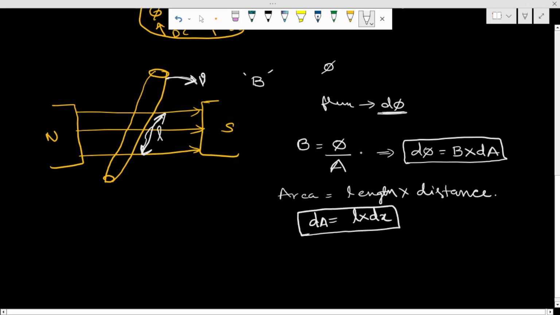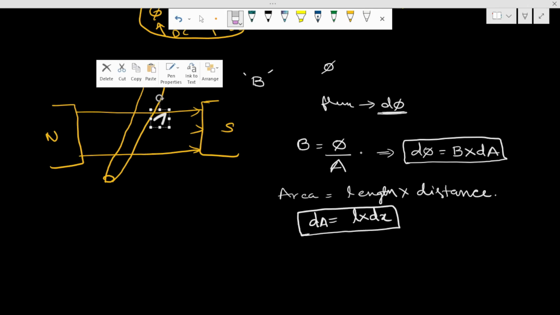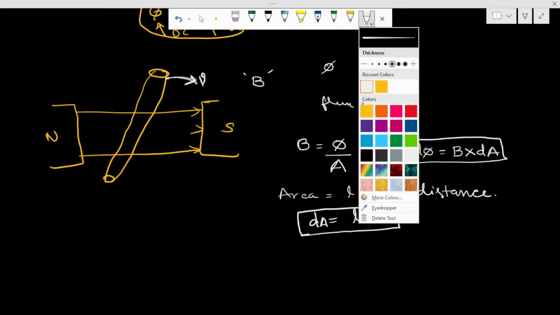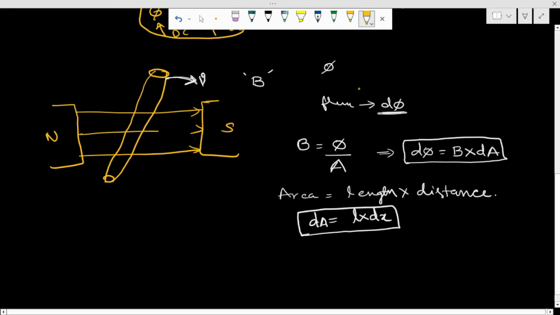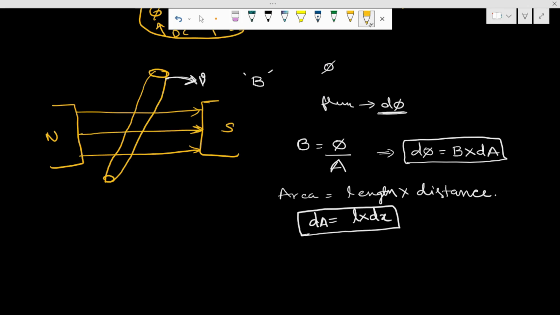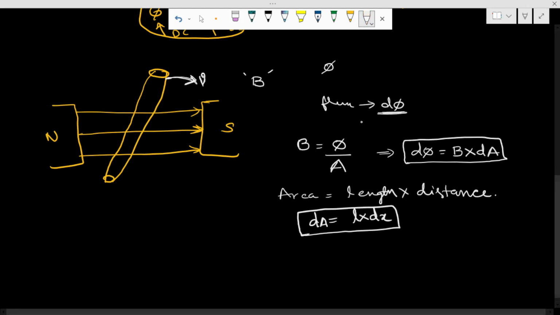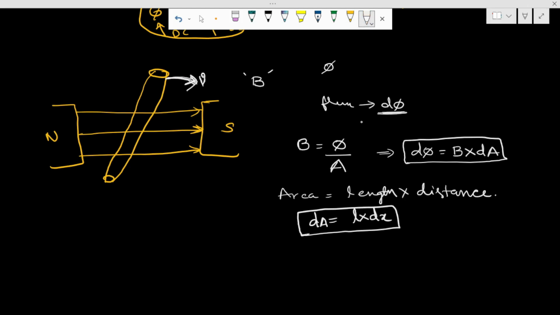This is the flux line, and this is the velocity. Take the velocity and resolve it into two parts: one along the flux line and one perpendicular to the flux line.